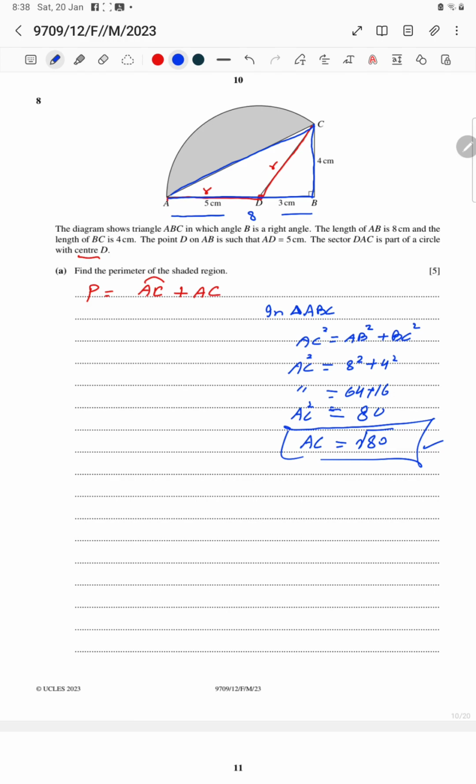Now only the arc is left. For arc, you know that arc length is r times theta, right? For that, let me clear the picture again.